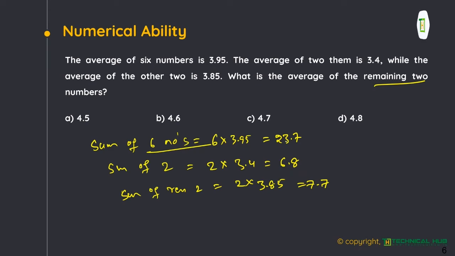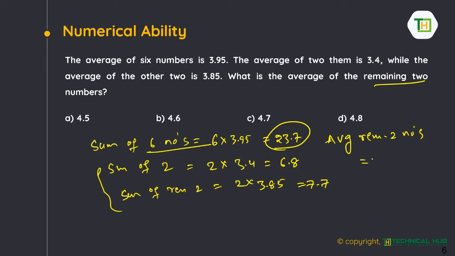The total sum of 6 numbers is a known value, and the sum of 4 numbers we already calculated. We are left with only 2. Therefore, the average of the remaining 2 numbers is equal to the sum of the remaining 2 divided by 2. How can you get that sum? The total of 6 numbers is 23.7.